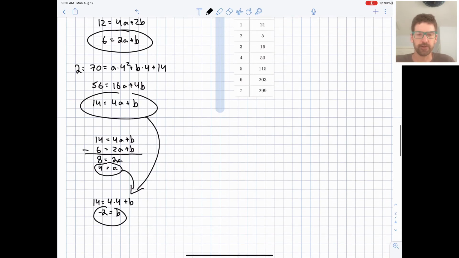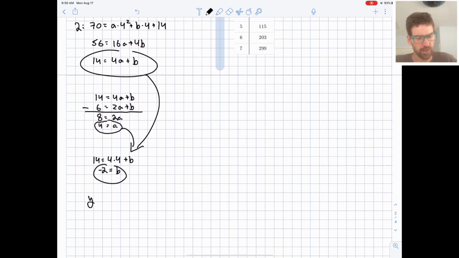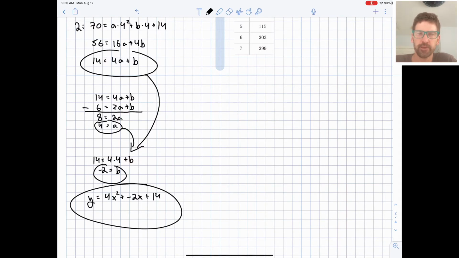Okay, so we can write out our final equation. We have y equals 4x squared minus 2x plus 14. That would have been a much harder problem if we didn't identify first off that c was 14. But there's our final answer to that one.